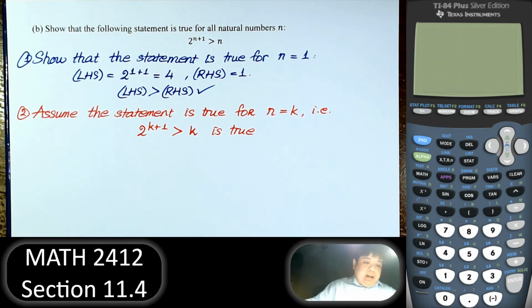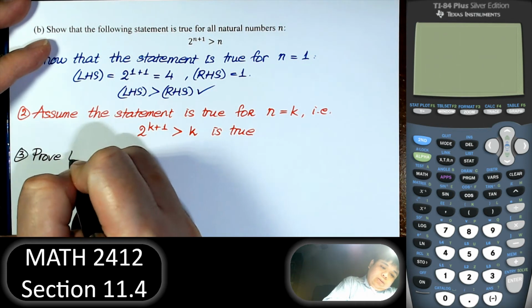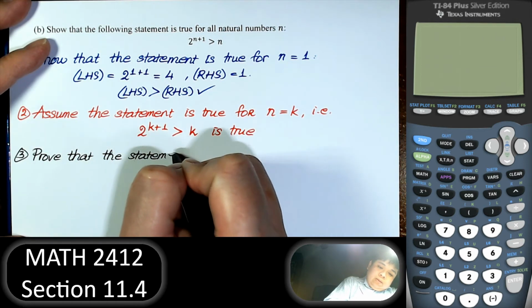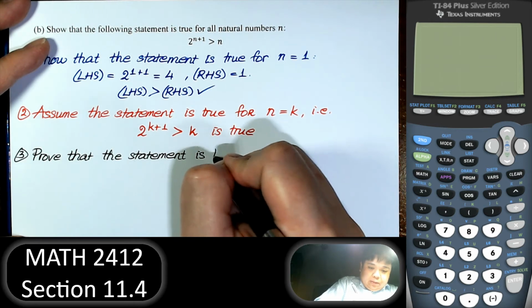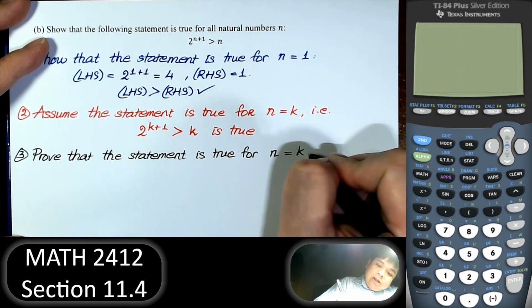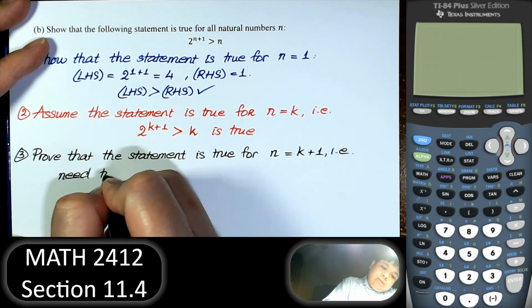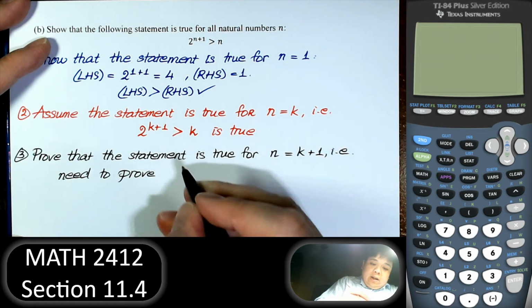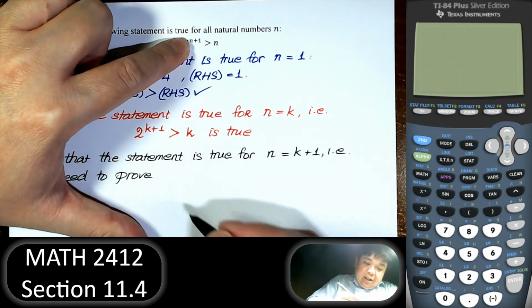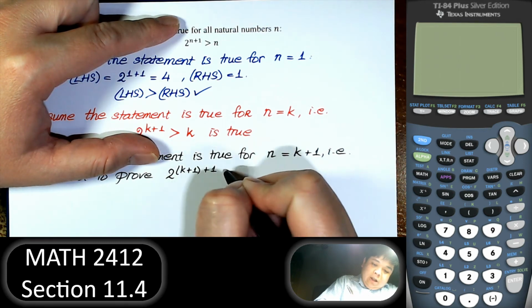And the proof is we need to prove the statement is true for n equal to k plus 1, meaning we need to prove that now we're going to put k plus 1 into this n, so we have 2 to the k plus 1 greater than k plus 1.